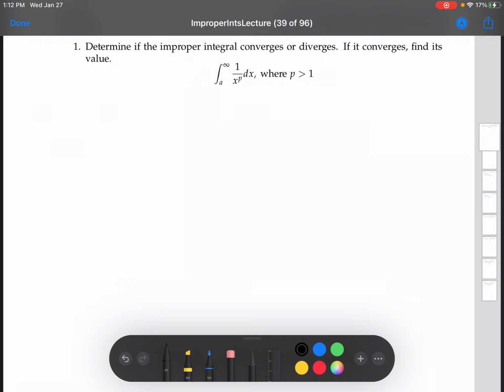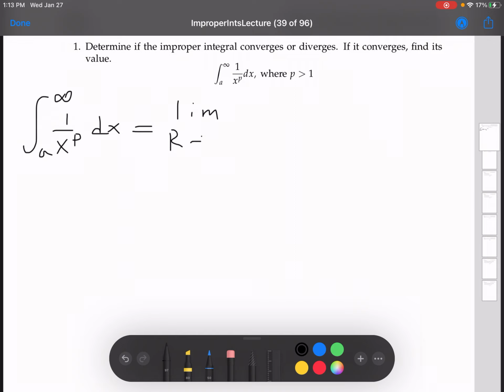As we saw in improper integrals examples 1 and 2 in the videos section on the Blackboard page for our class, the way to evaluate this is to write it as a limit.